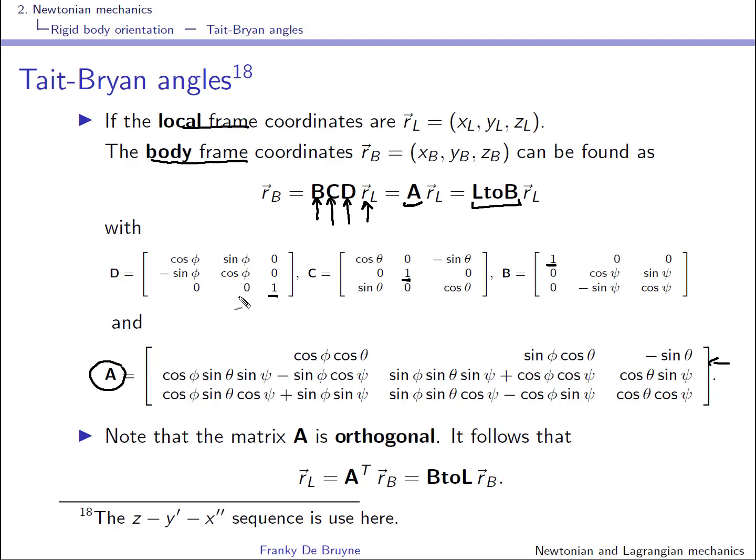We know that this matrix is orthogonal, this matrix is orthogonal, this matrix is orthogonal. So if you take the product, you'll have a matrix A which is orthogonal.